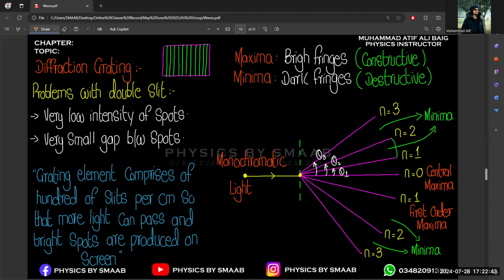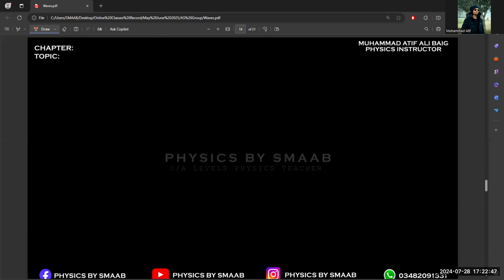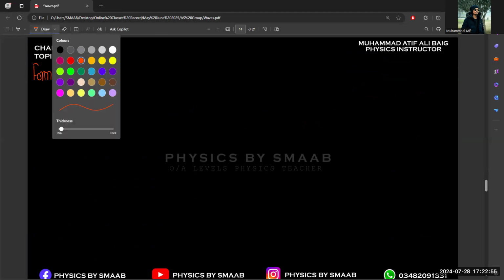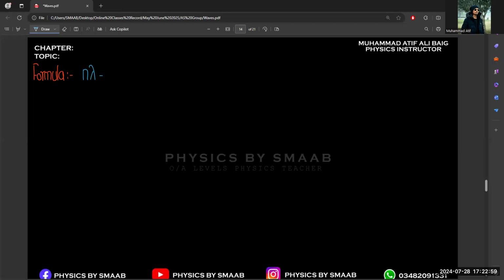So the formula for diffraction grating is n lambda equals d sine theta. n represents order, lambda definitely represents wavelength, and d represents slit separation.